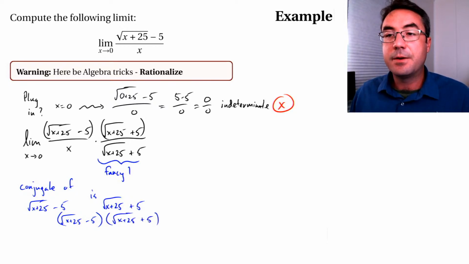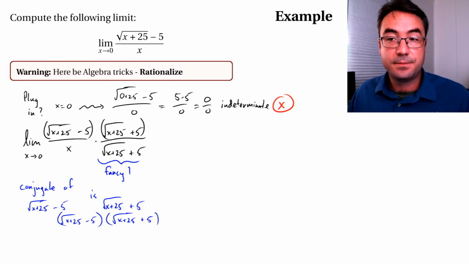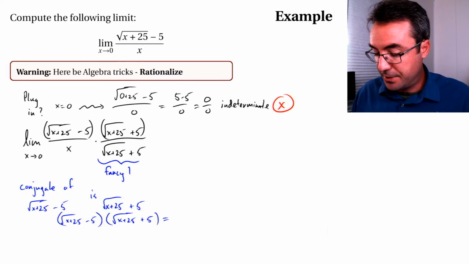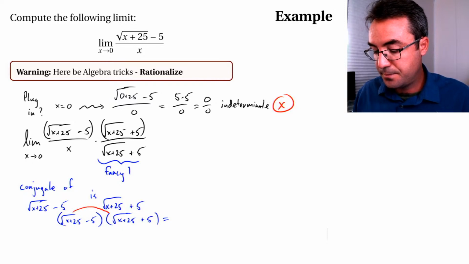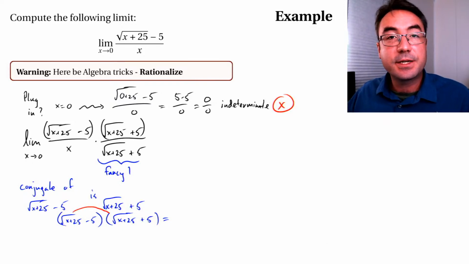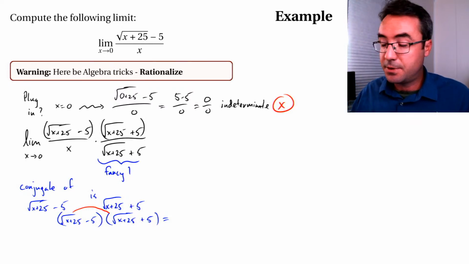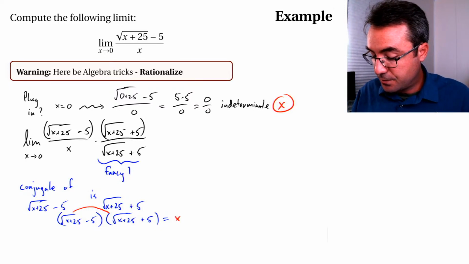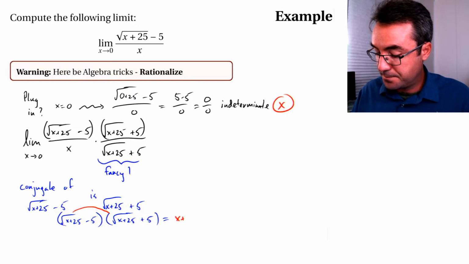Again, we're going to do FOIL. So we multiply the two first terms together, and it's square root of x plus 25 times square root of x plus 25. So basically the square root just cancels there, and we're left with just x plus 25.